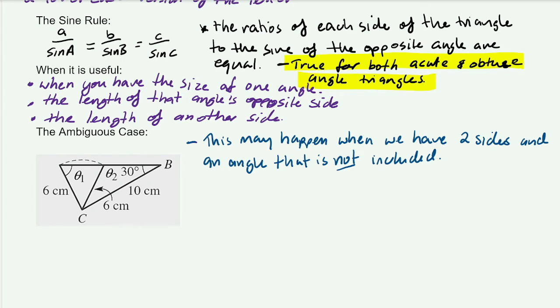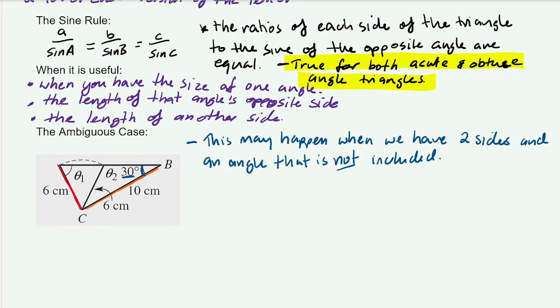We've got a bit of an example there. We're given two side lengths and the one angle. Two different triangles contain the information. In the example, we're given the 10 centimeter side length and the 6 centimeter side length, and we're also given the angle of 30 degrees.